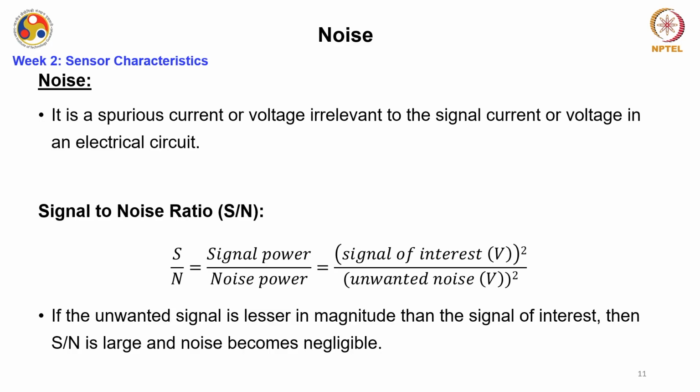Then we also talked about noise, which is nothing but a spurious current or voltage, irrelevant to the signal current or voltage in an electrical circuit, and we have seen different types of noise, and based on the signal to noise ratio, which is the ratio of signal power to noise power, we have seen different ways how we can maximize signal to noise ratio or minimize the noise in a device, mostly through the interface circuits.